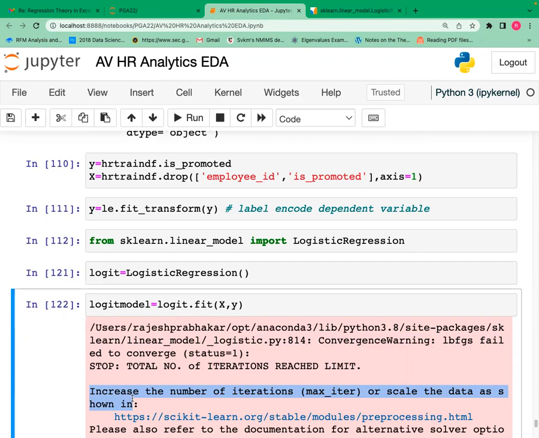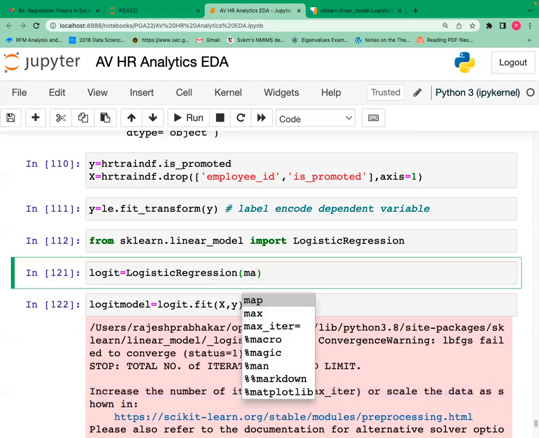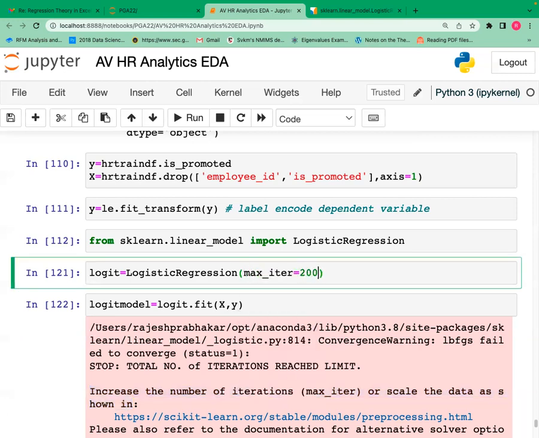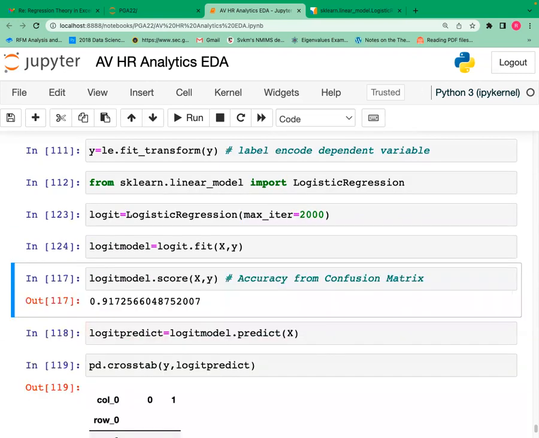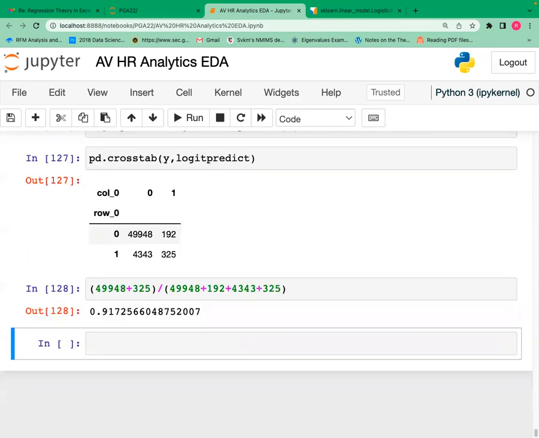Scaling, we'll talk about it later. Do you remember standard scaler, we talked about it. Scaling data means you have to go back again and do everything. Instead of that, increasing iterations is the easy solution. So I have increased the iterations, which are by default how much? 100. Max_iter, I made it 2000, a random number which I took. I think 1000 also is enough, just a random number I took. It will not affect, but now all the things are calculated properly.